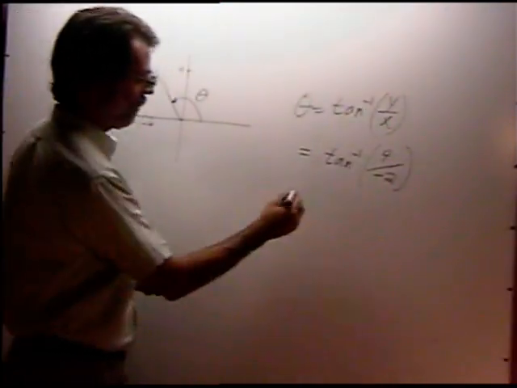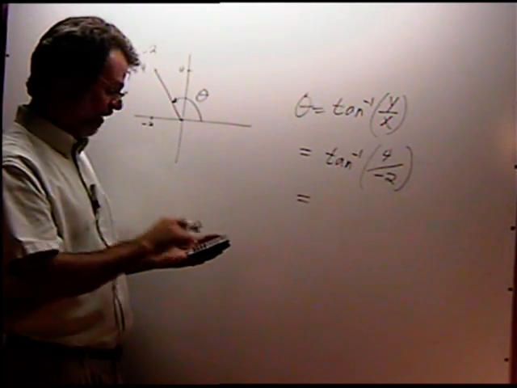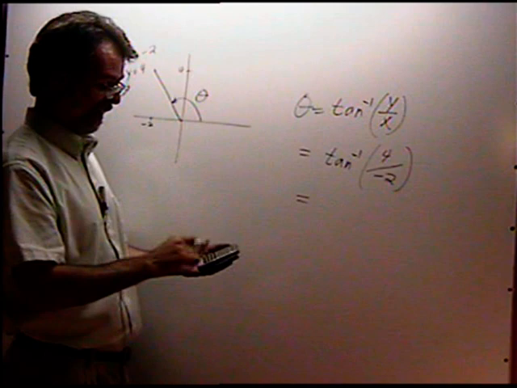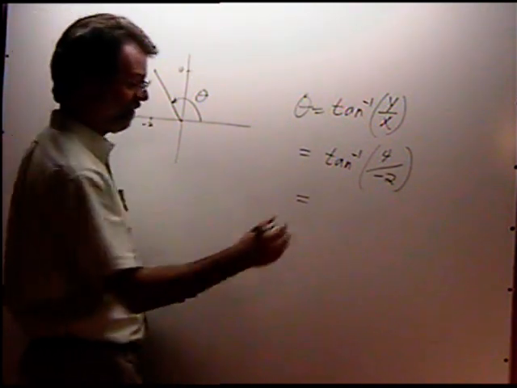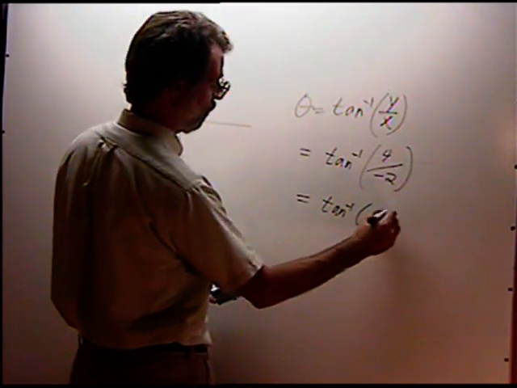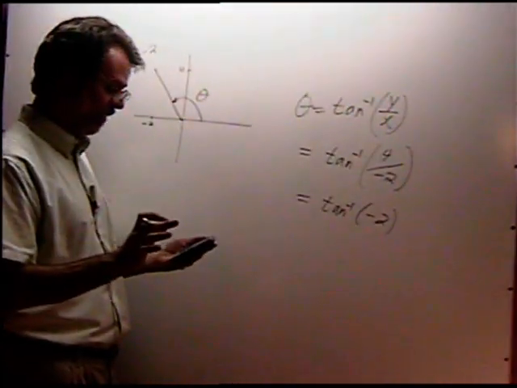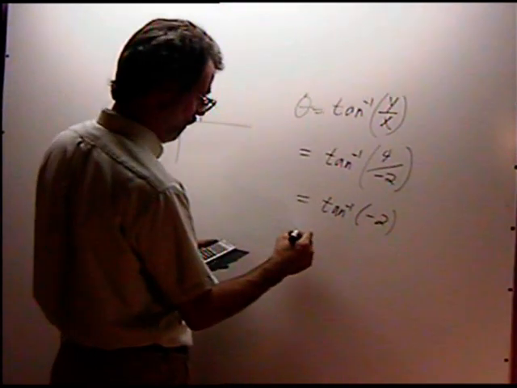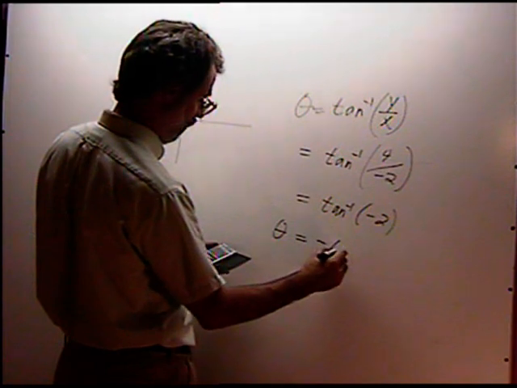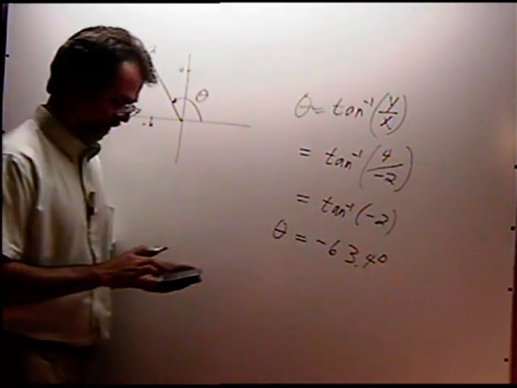Now, we may go over this a little bit. If we do this on our calculator, and I say 4 divided by negative 2, I obviously get -2, right? So this will be the inverse tangent of -2. I now say arc tangent, inverse tangent, and I get an angle, at least on my calculator, of -63.4 degrees.